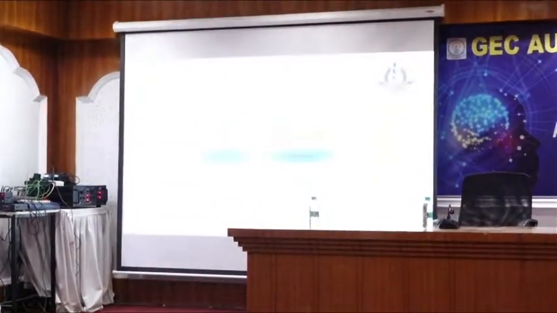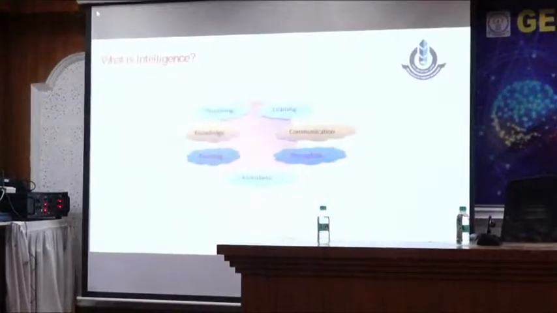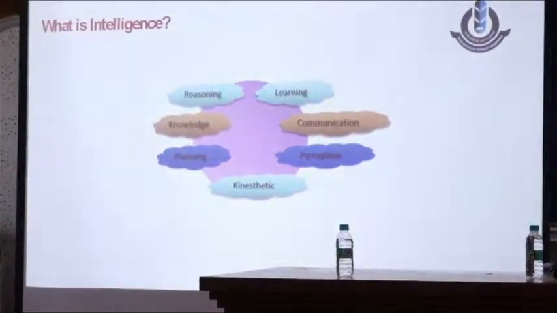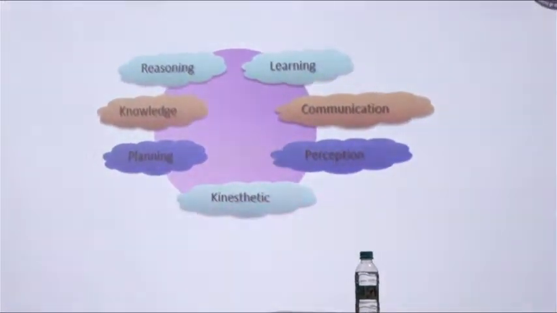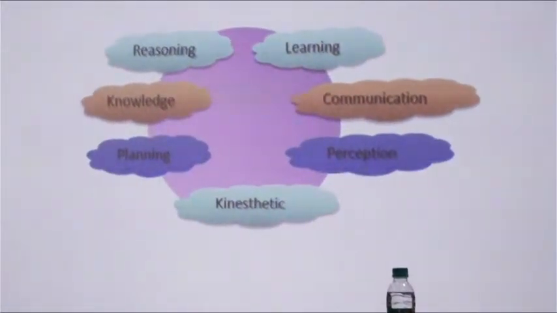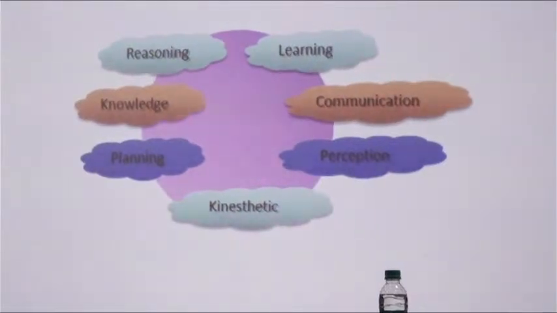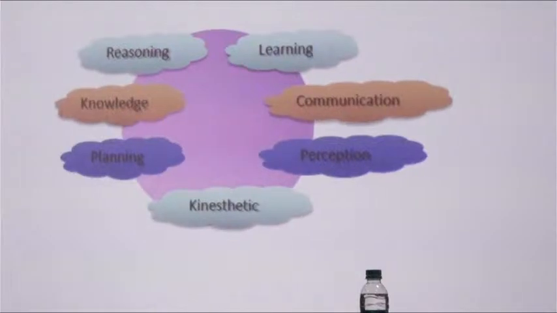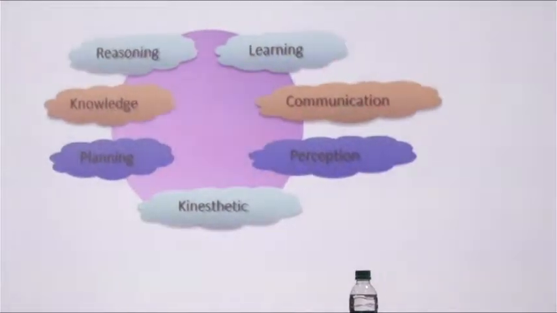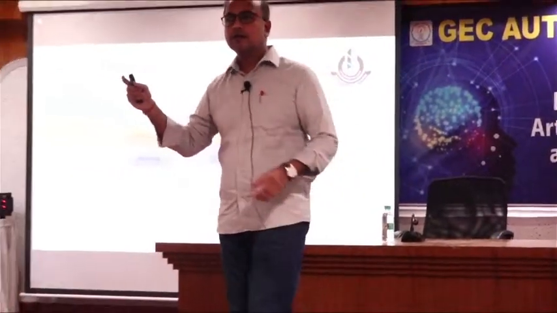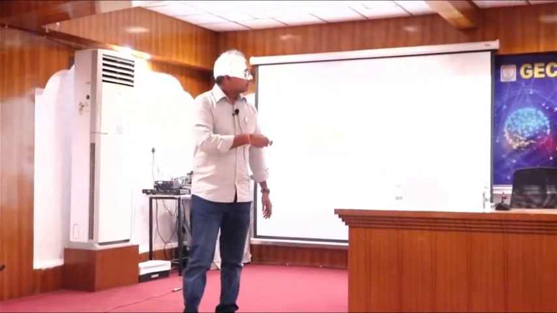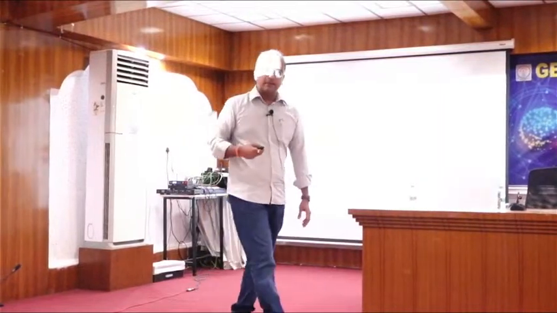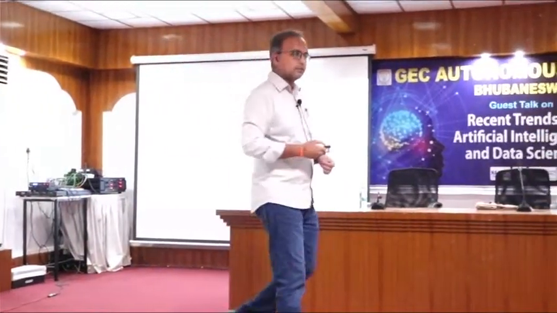There are various elements involved, like the knowledge that the person has, the learning ability, the communication, the kinesthetic, how the person coordinates, the planning. There are various things involved to assess the IQ of any person, right? Even in modern AI, there are various techniques that map with these different things, the modern AI technologies, right?